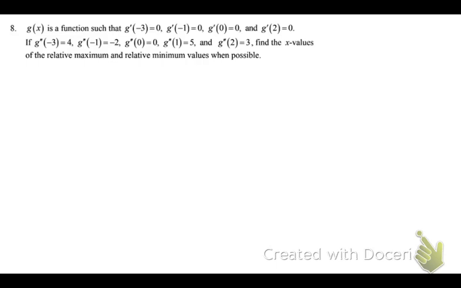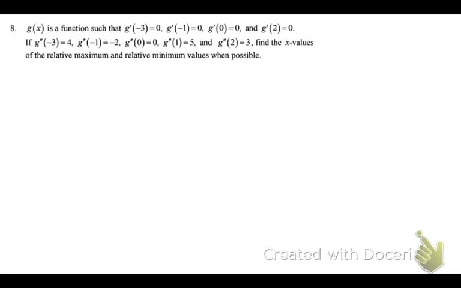If g double prime of -3 is 4, g double prime of -1 is -2, g double prime of 0 is 0, and g double prime of 1 is 5, and g double prime of 2 is 3, find the x values of the relative max and relative min values when possible.